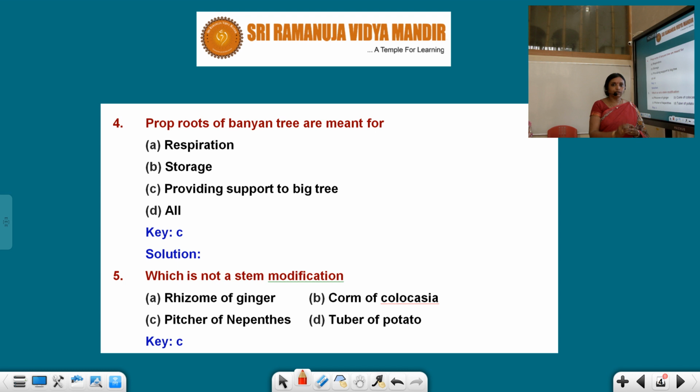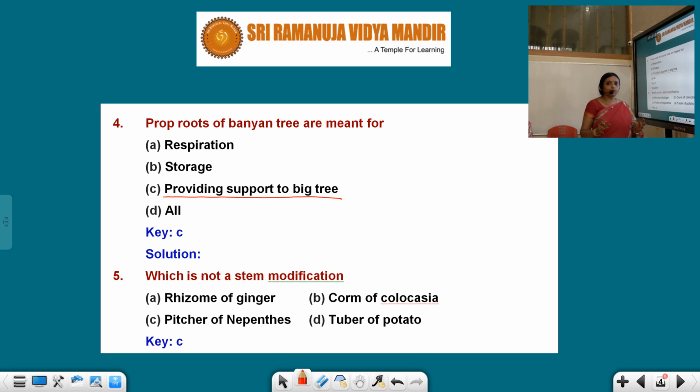The tree is very big. To provide external mechanical support, these adventitious roots arise from the branches of the tree. So C is the answer.